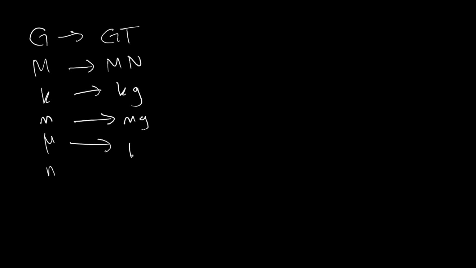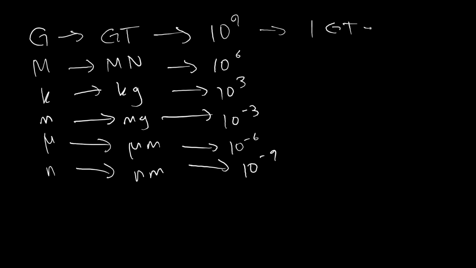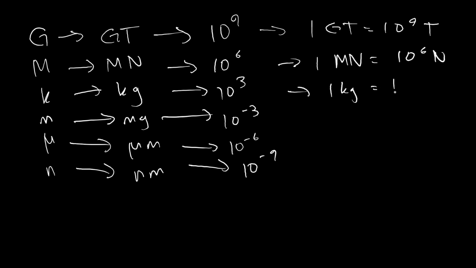We could say micrometer and nanometer. So this would be 10 to the 9, 10 to the 6, 10 to the 3, 10 to the negative 3, 10 to the negative 6, and last 10 to the negative 9. So correspondingly, 1 gigaton is 10 to the 9 tons. 1 meganewton is 10 to the 6 newtons. 1 kilogram is 10 to the 3 grams, and so on and so forth.